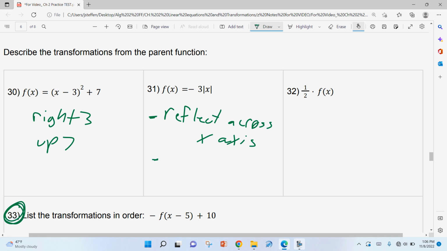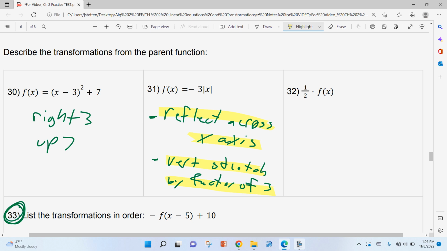And then the 3 is a vertical stretch by a factor of 3. Sorry, that's really sloppy. Reflect across the x-axis, reflect across the x-axis, and vertical stretch by a factor of 3. So if you can't read that, hopefully that helped.